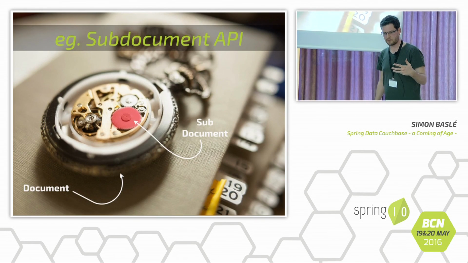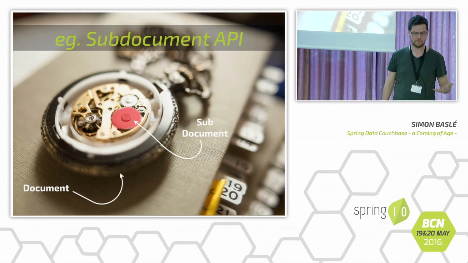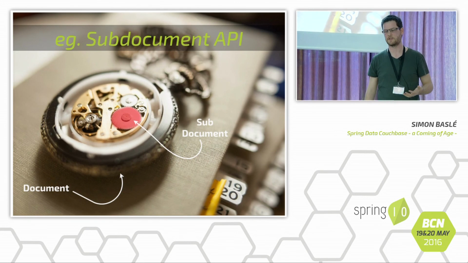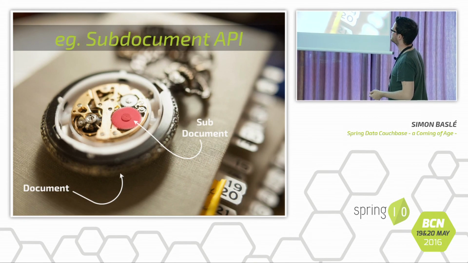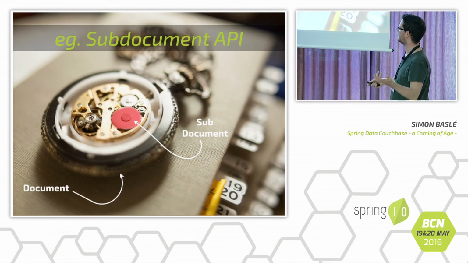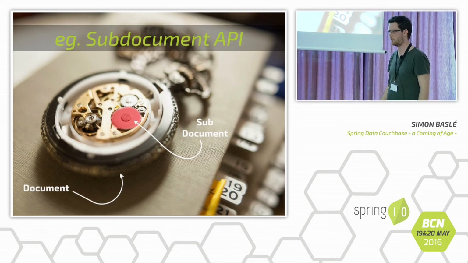So, for instance, one feature of the SDK that we added recently is the SubDocument API. So basically, this is a whole document, and the little part here is what we would refer to as a subdocument.